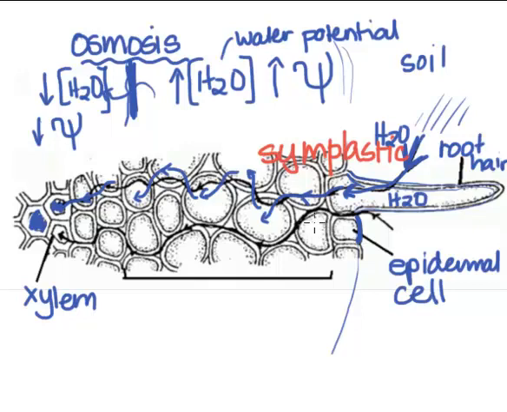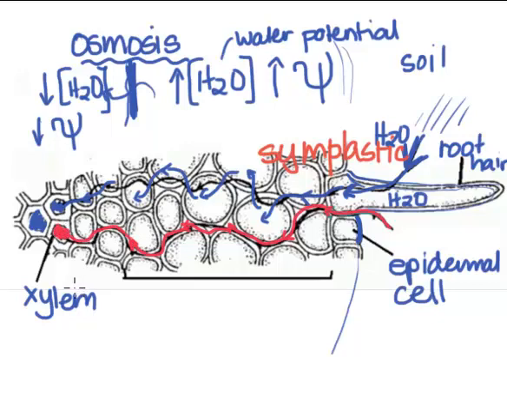from cell to cell. But there is another way that the water can move, and that is in between the cells. I think I need to choose a different color here. Let's choose this bright pink. In between the cells. So the water doesn't actually enter the cells. It's moving from intercellular space to intercellular space, and it moves between the cells. And finally, it's going to find its way into the xylem.